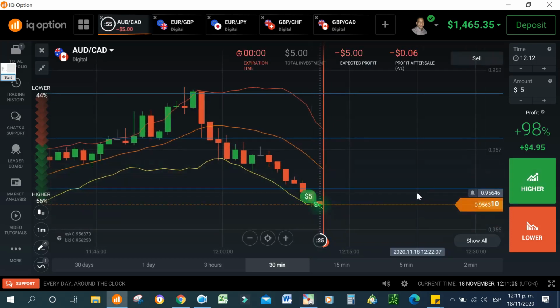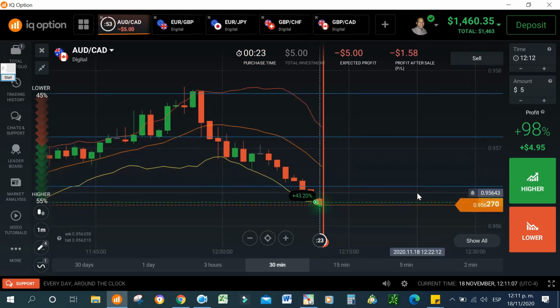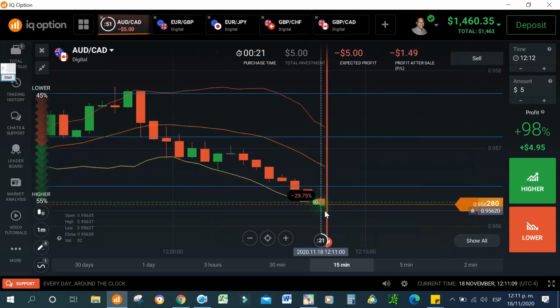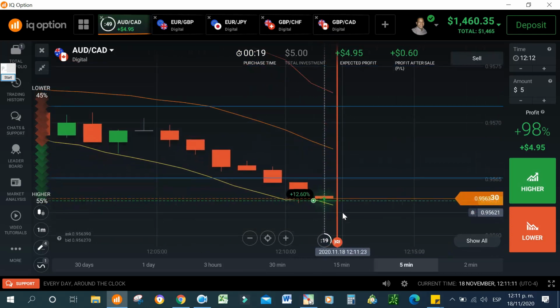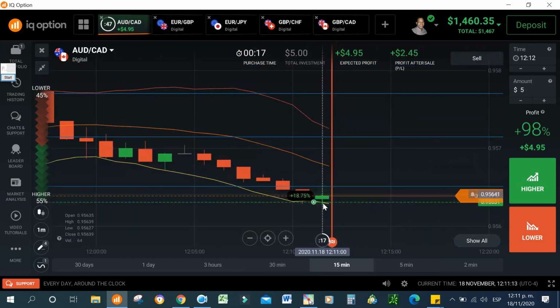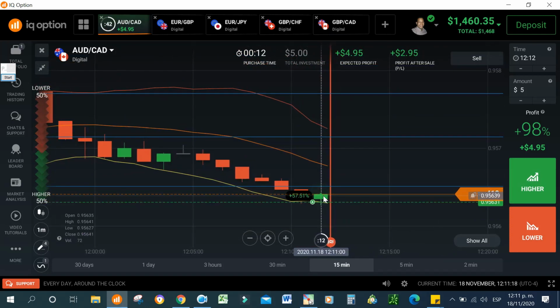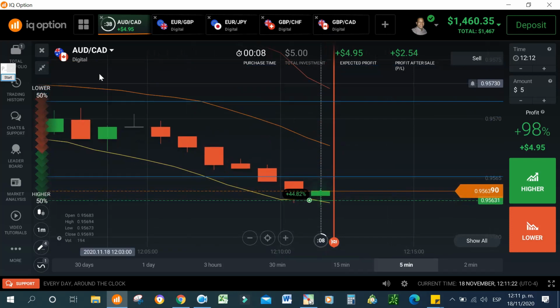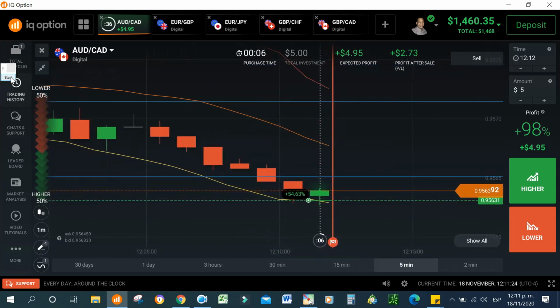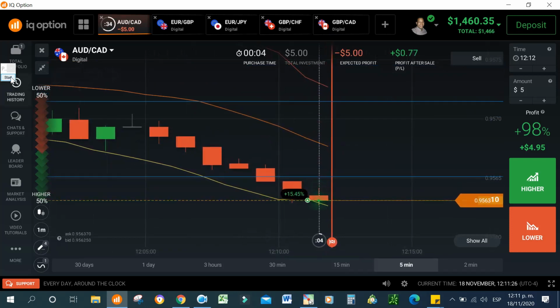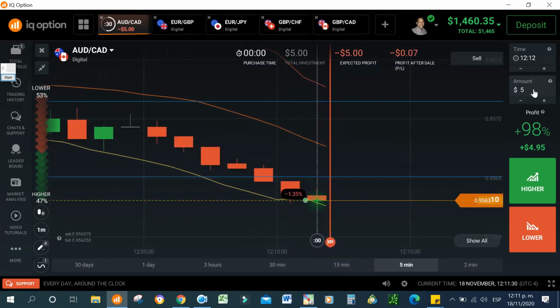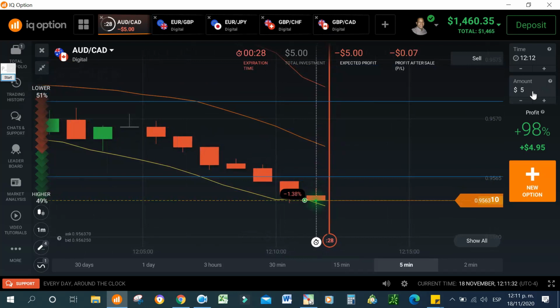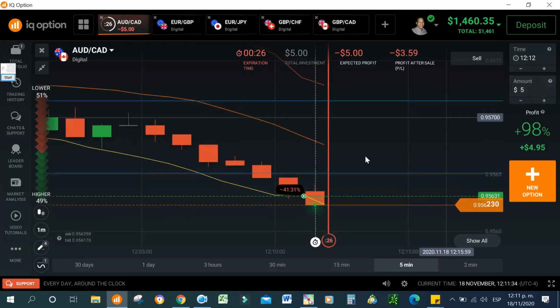Okay, let's do it. Do it just in case. I think this candlestick may close green, bullish, but just in case it doesn't close green, I'm going to double the amount to the upside.